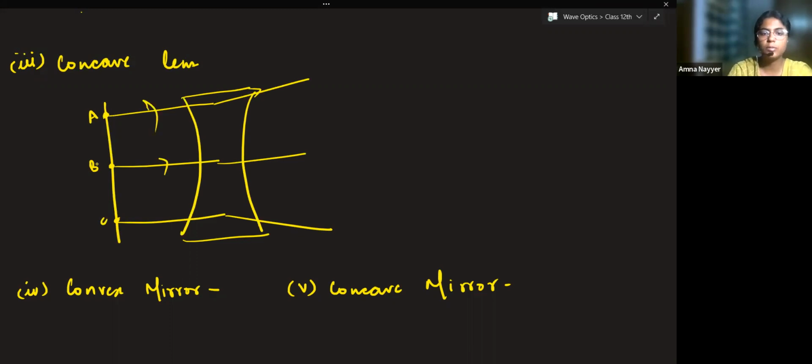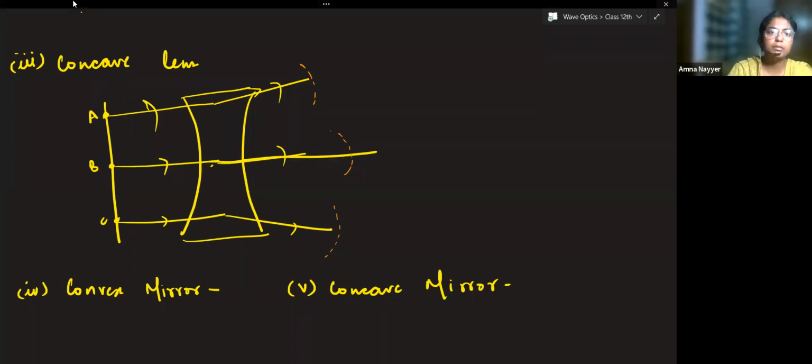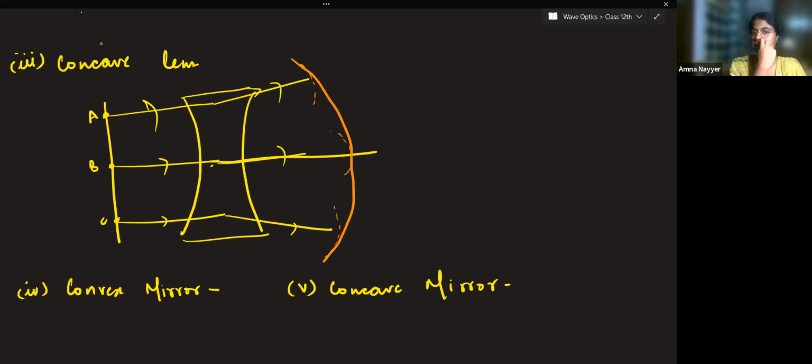The rays will diverge. Now see where you will obtain. Here you will obtain, at this point. Here again you will obtain it from here, because this is going plane straight, so this will be obtained exactly in the straight line. Now if you join this, this is basically a diverging wavefront that has been obtained. So a concave lens will give rise to this only.